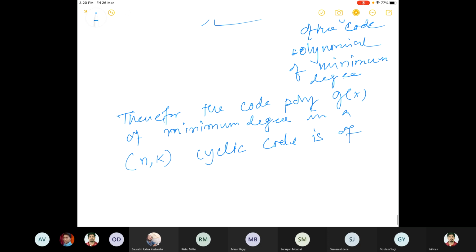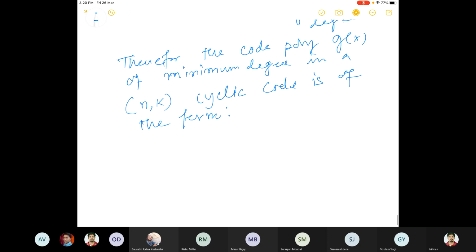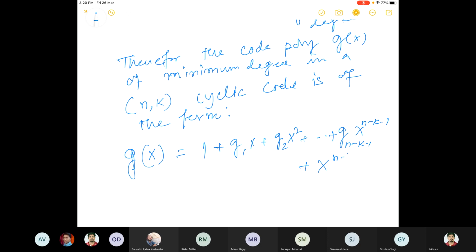this. For Gx, we already proved before that the first entry, the constant, has to be 1, and the others could be anything. Now we already proved the degree of this is n minus k. So this has to be 1 plus g1 x and so on up to g n minus k minus 1 times x to the power n minus k minus 1, plus x to the power n minus k.